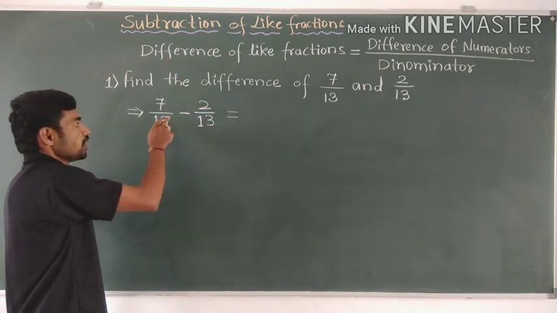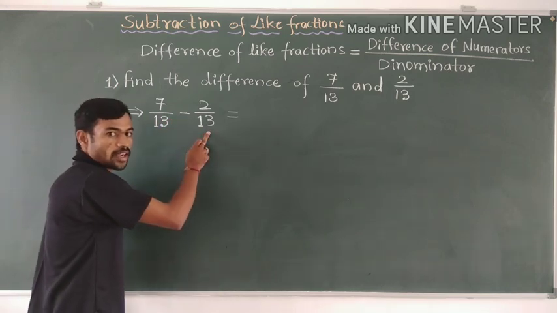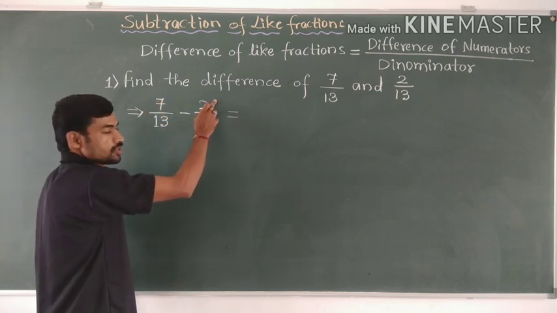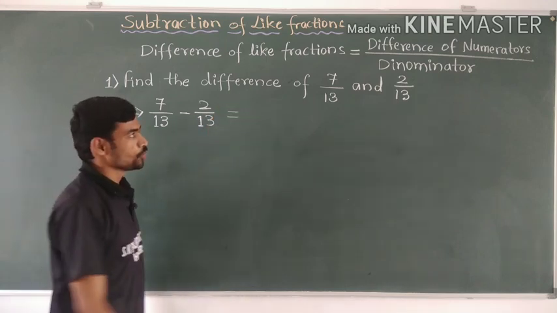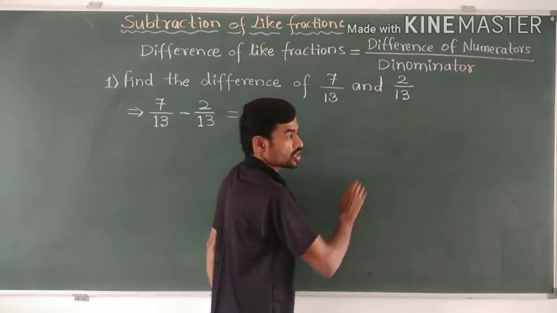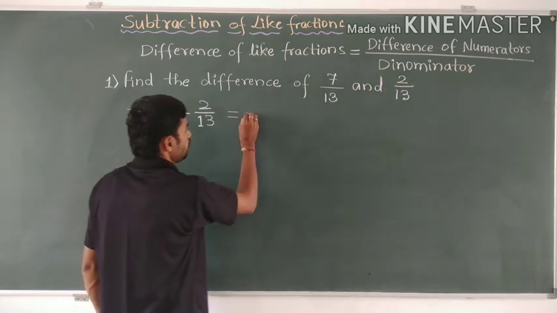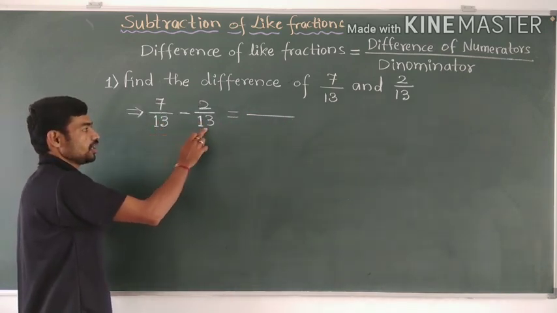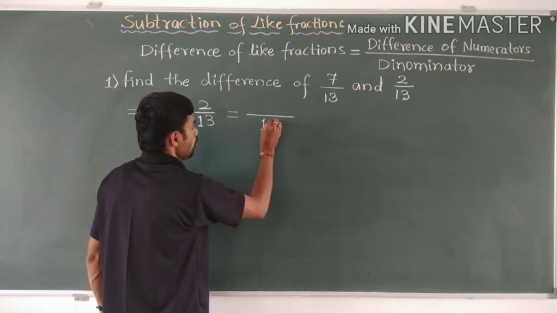This is the difference between two like fractions, 7 by 13 minus 2 by 13. The general formula is the difference of numerators divided by the denominator. The denominator in both fractions is 13, so we write the same common denominator.